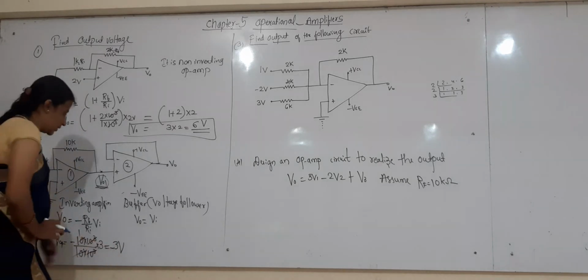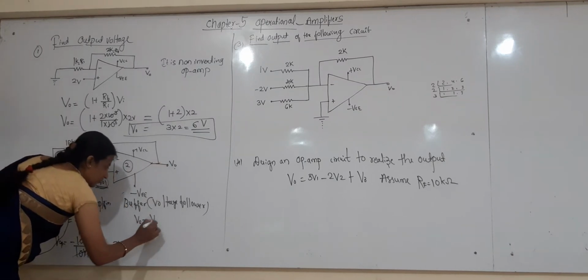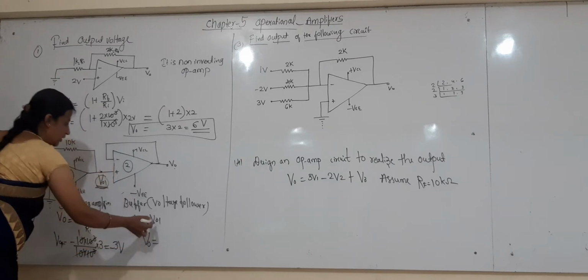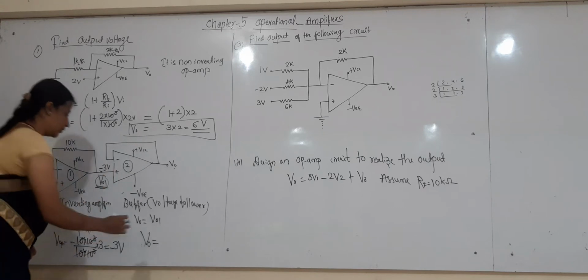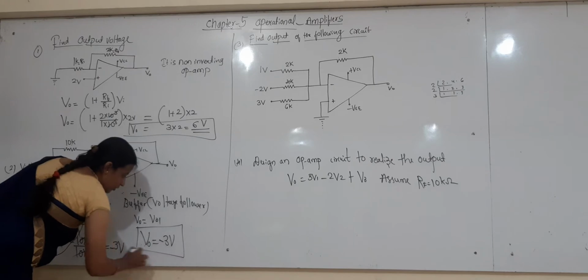V0 is nothing but the input V01, so the output voltage V0 is also equal to minus 3 volt.